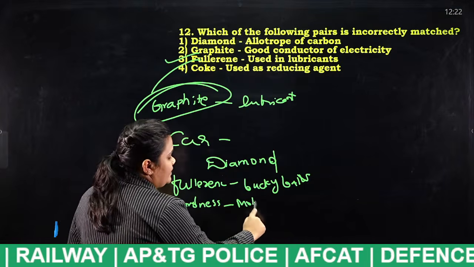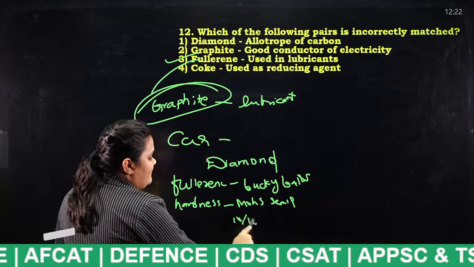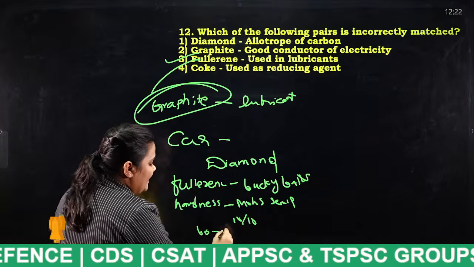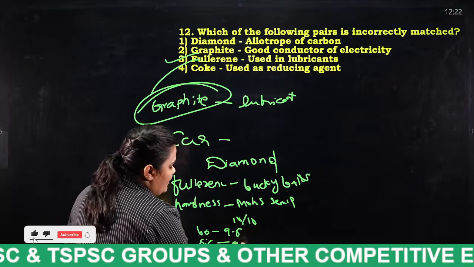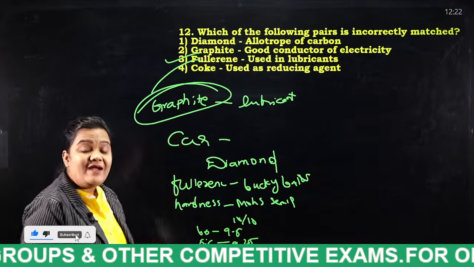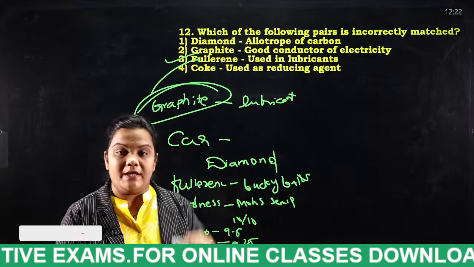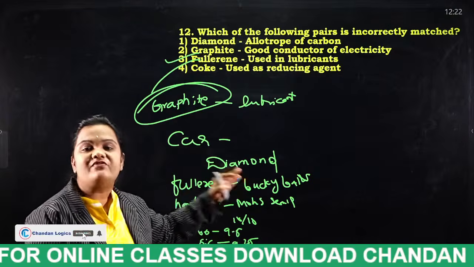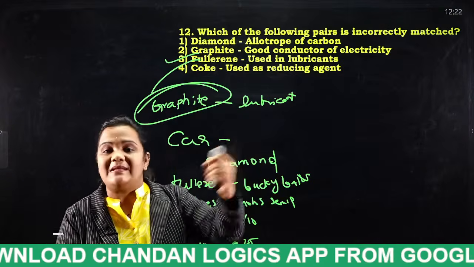Mohs scale. For diamond it is 10 out of 10, for boron nitride it is 9.5, and for silicon carbide it is 9.25. For graphite it is just between 1 to 2, because graphite is a very soft material, and we even use it in making pencil nibs.